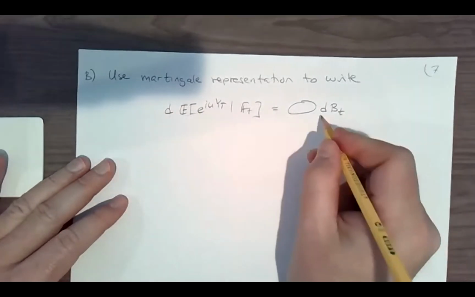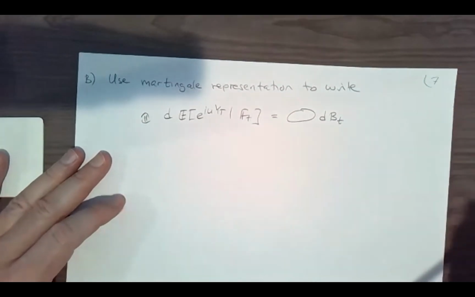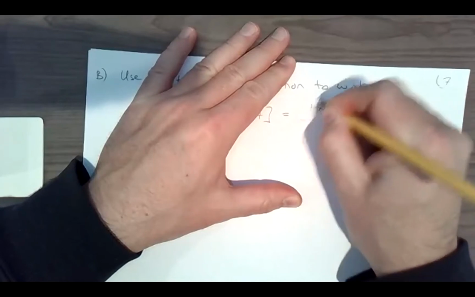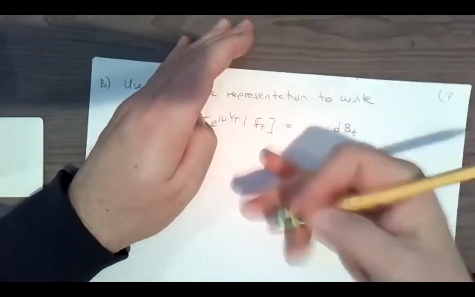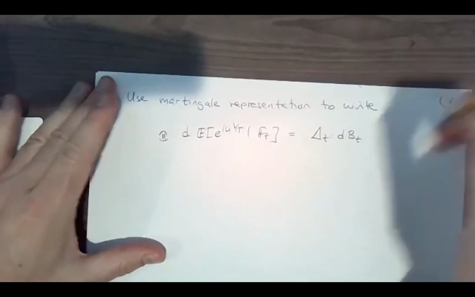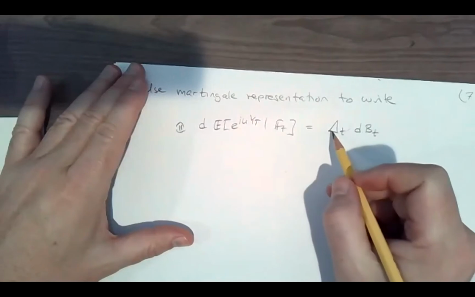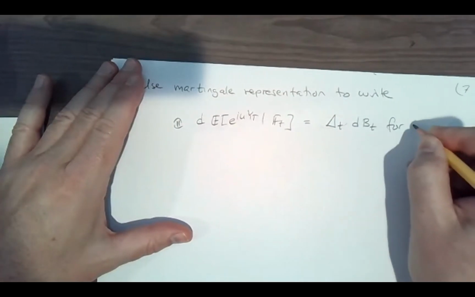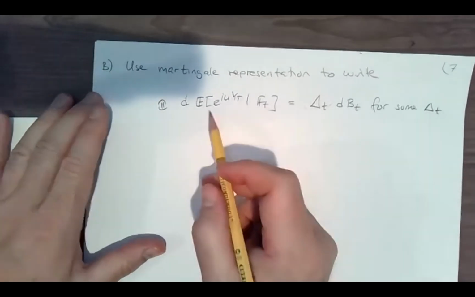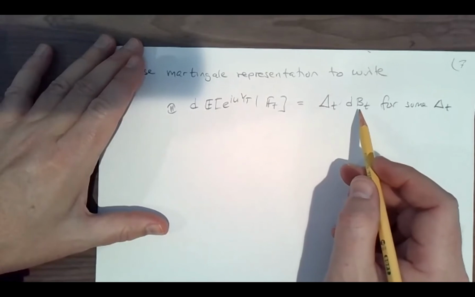Remember, this d form is nothing else than saying, maybe we should call this process something. The textbook likes to call this here delta. So we can use martingale representation to write it for some delta_t. So all martingales are given as stochastic integrals with respect to Brownian motion.